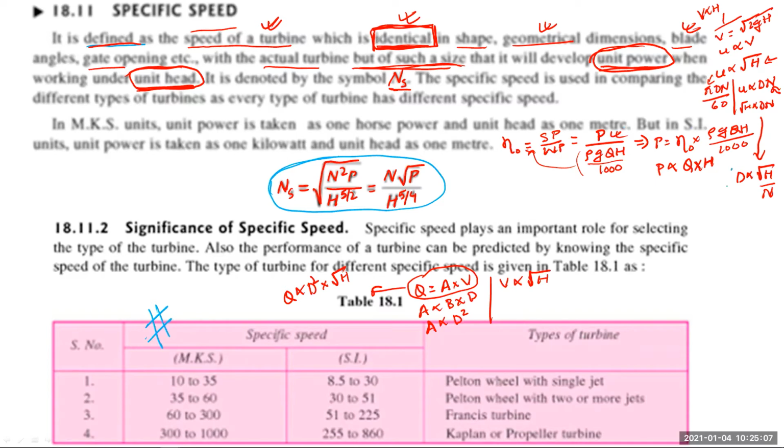We have written here D is directly proportional to root H by N. So I want to substitute for Q here.